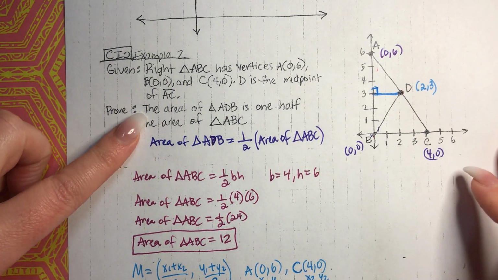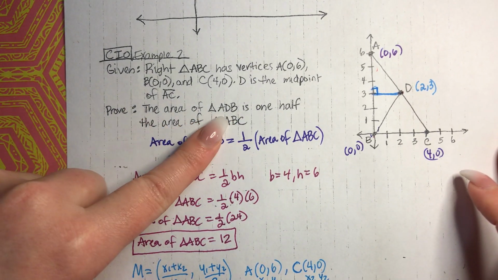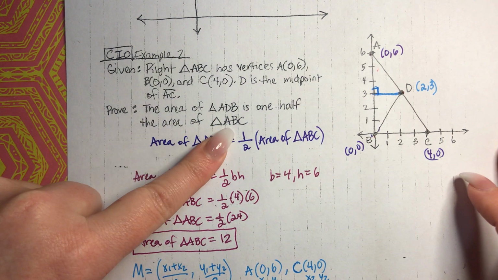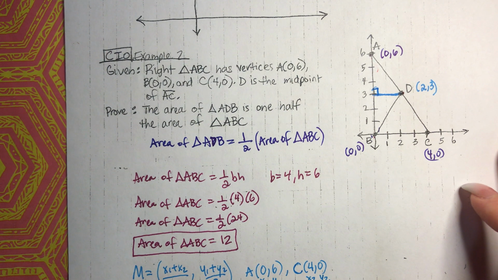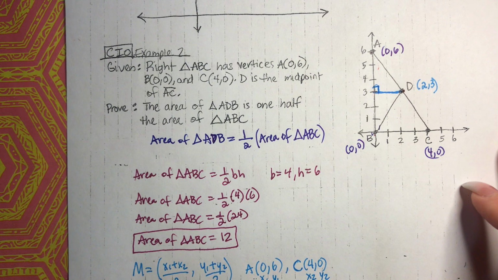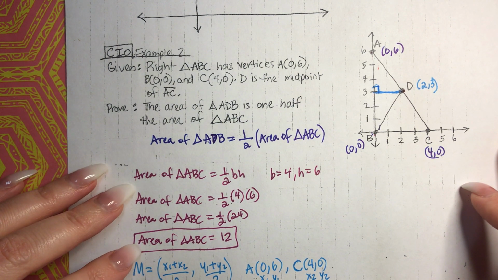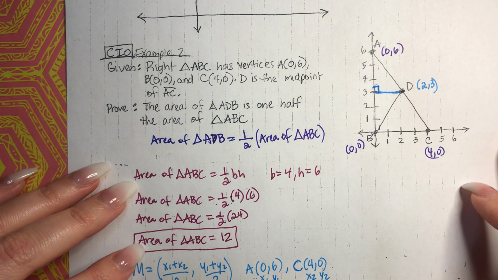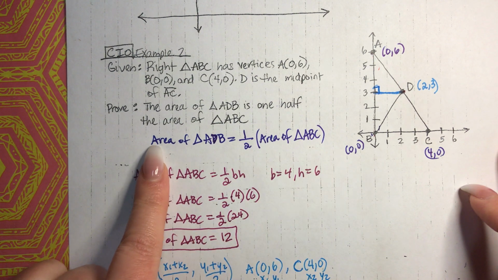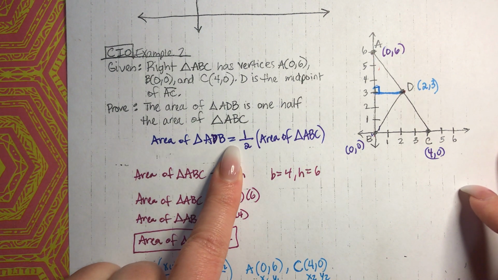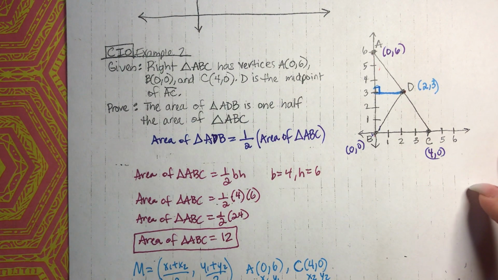We need to show the area of triangle ABD is 1/2 the area of triangle ABC. So we want to come up with this: area of triangle ADB equals 1/2 area of triangle ABC. Okay?